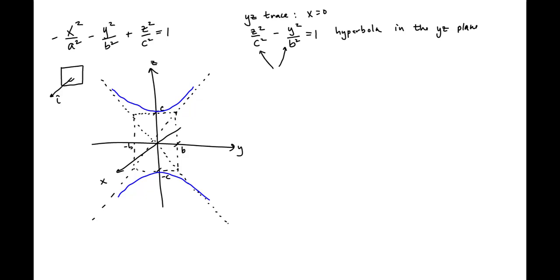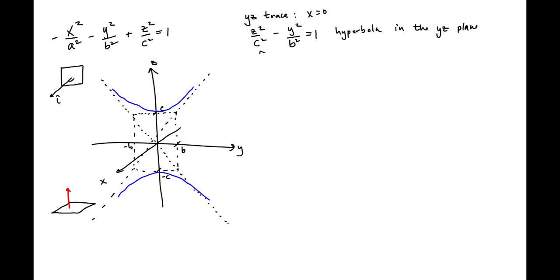If you do any other value for x, you're going to get different traces that would still all be hyperbolas. Now let's do the second trace that I often like to do. I often like to do a trace that is constructed from a plane that is parallel to the xy plane.